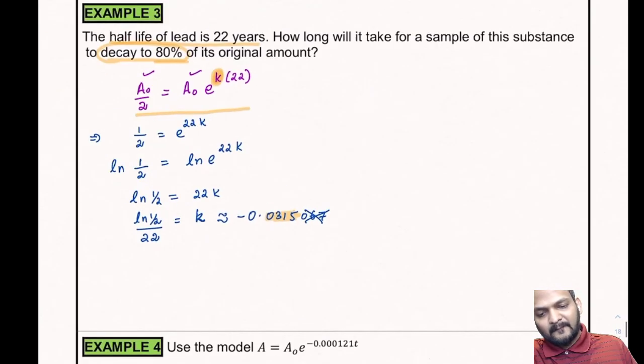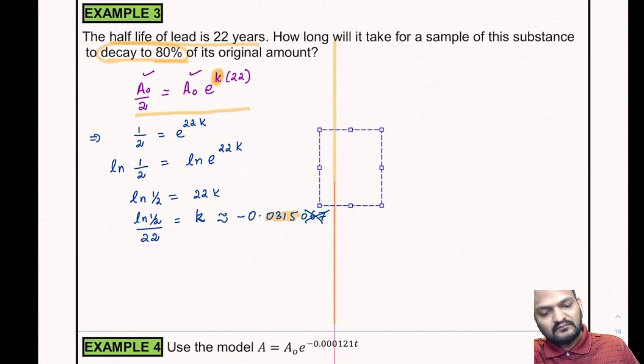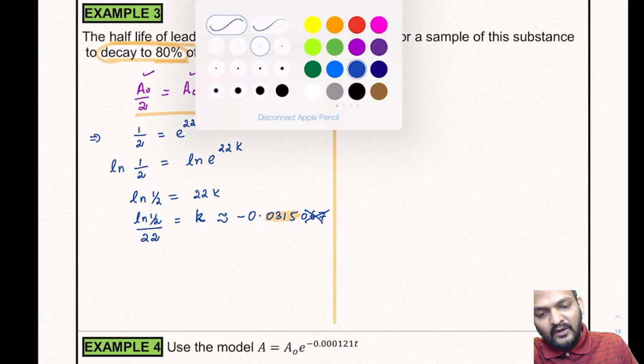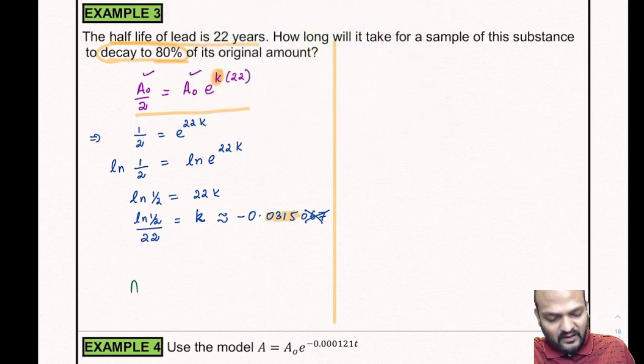So let's see. Wonderful. Now for this particular lead, we have the equation. That equation is the following: A, the amount of lead, equals A sub 0, the initial amount, times e to the negative 0.0315t.